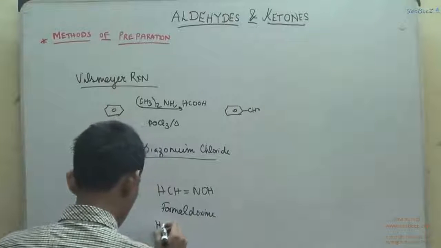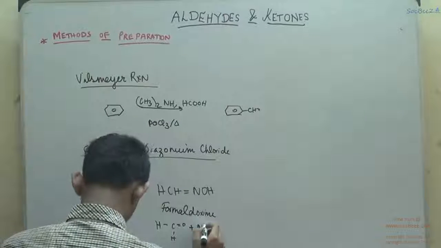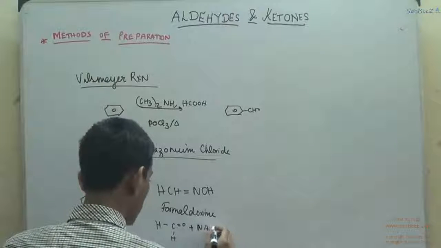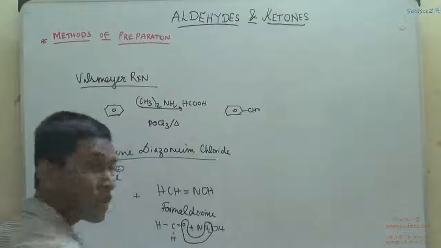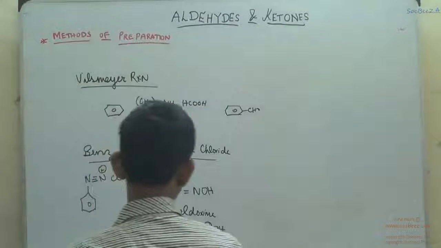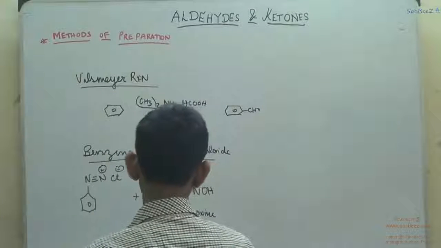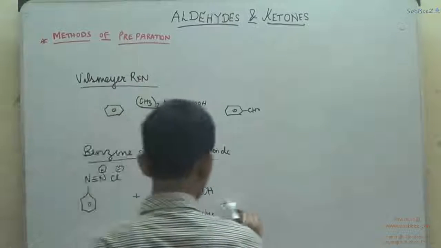So this is basically, you take formaldehyde plus NH2OH, the removal of this water molecule, you get the oxime of formaldehyde. Treat with benzene diazonium salts.